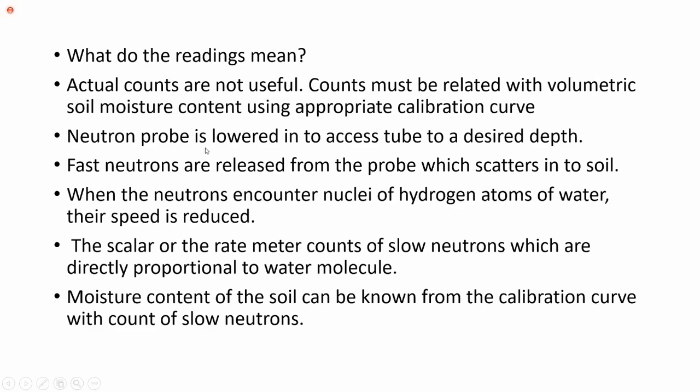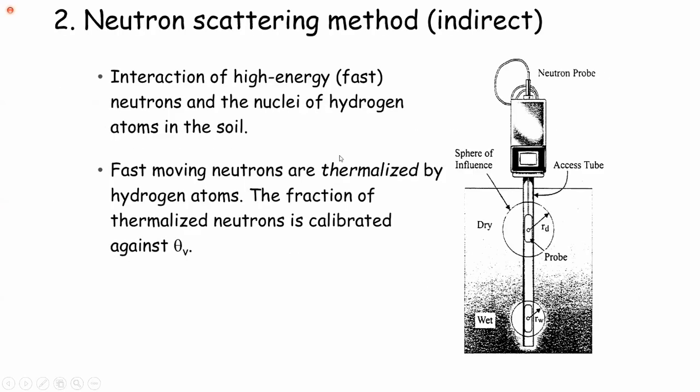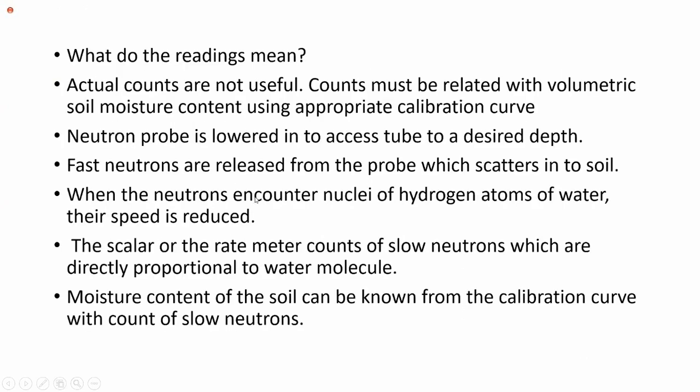The neutron probe is lowered into an access tube to a desired depth. So there is an access tube. You make a hole in the soil and put in the access tube, and then through that access tube you insert the neutron probe, and the fast neutrons are released from the probe, which scatter into the soil.